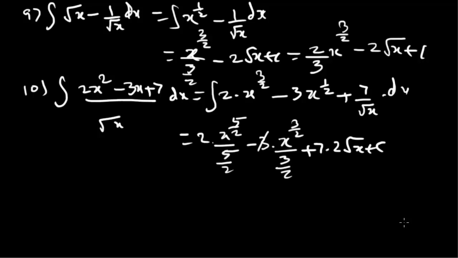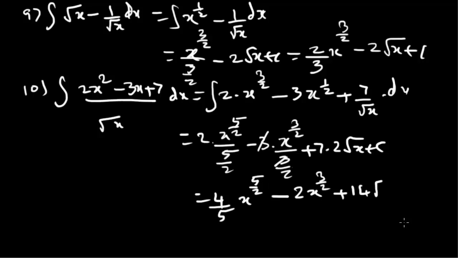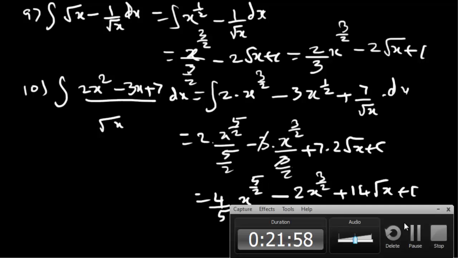Now there is no multiplication. Here 3 cancels. The denominator goes to the numerator and that is nothing but 4 by 5 x power 5 by 2 minus 2 into x power 3 by 2 plus 14 root x plus c.